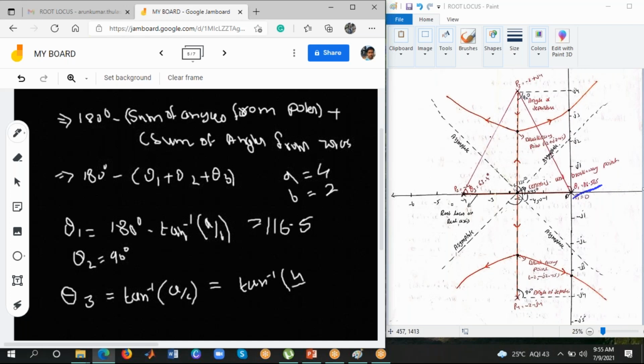C is 1, 2, 3, 4. Tan inverse 1, 45 degrees. So find the tan inverse.